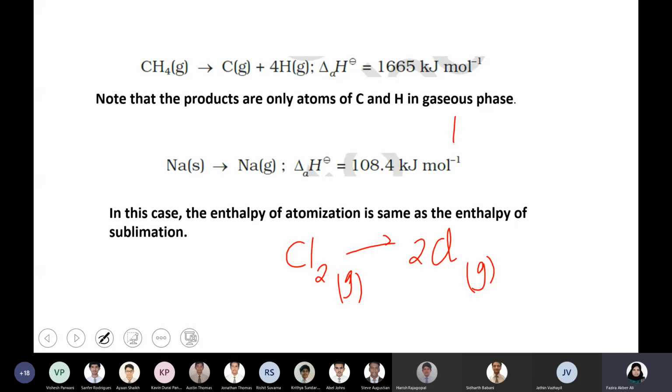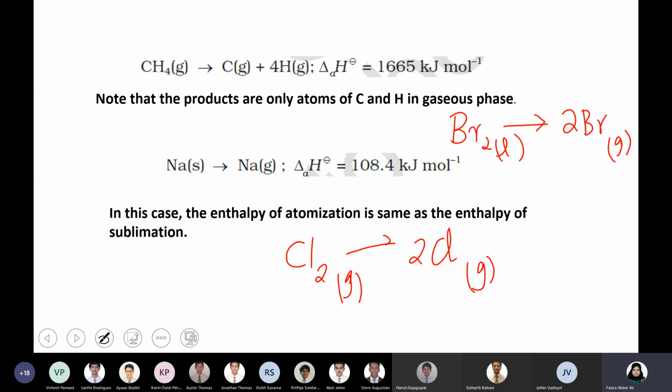But if it is bromine, what will happen? What is the state of bromine? Liquid, correct. And enthalpy of atomization means it is 2Br in the gaseous state. So here two changes are taking place. First, the bond is breaking, and also there is a change in state from liquid to gas.